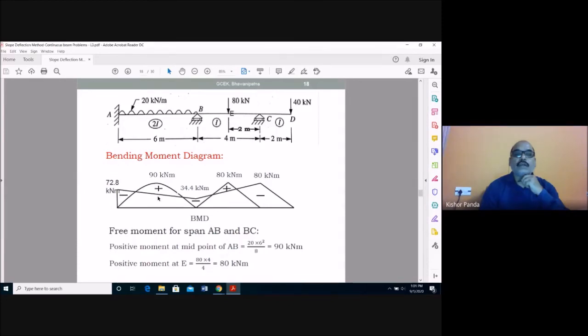So you will find the value of this one, which is 34.4. After getting this, the total moment you get here, you can deduct from the 90 kilonewton meter, so that you will find the maximum positive moment. Similarly, you will find the positive moment here. So this is all about how to draw the bending moment diagram.